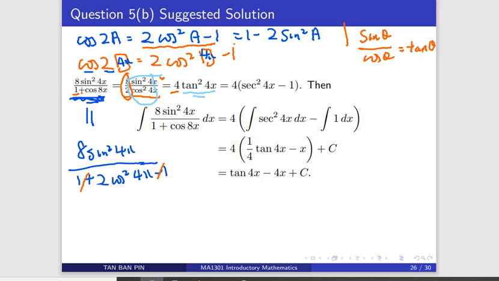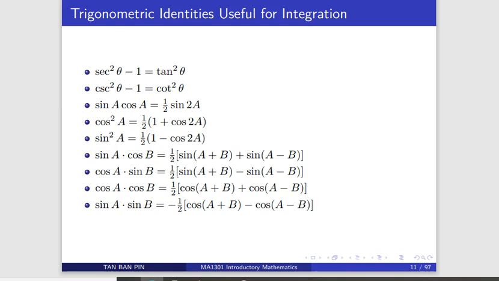Tangent squared 4x can be converted to secant squared 4x minus 1. Tangent squared theta is secant squared theta minus 1. The reason why you want to change it is because for tangent squared there's no formula to integrate, but secant squared you can integrate.